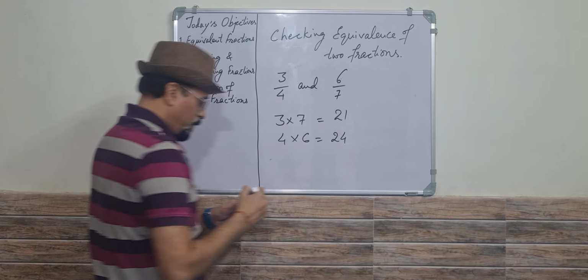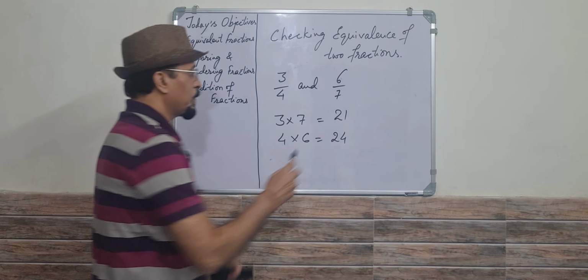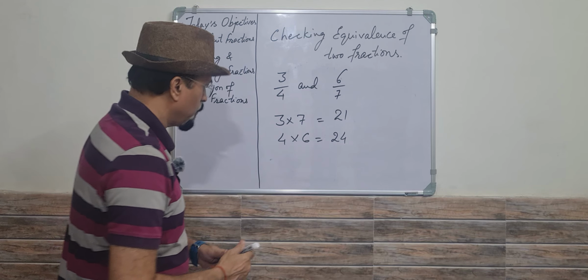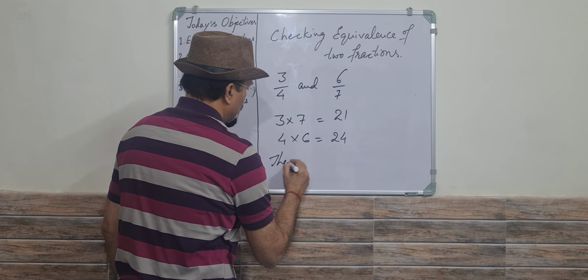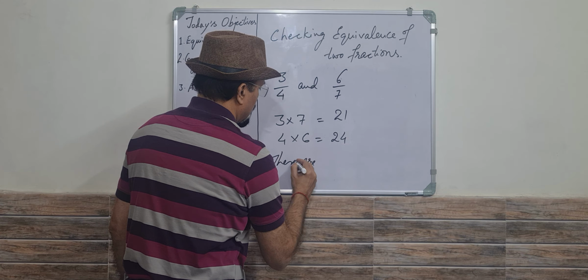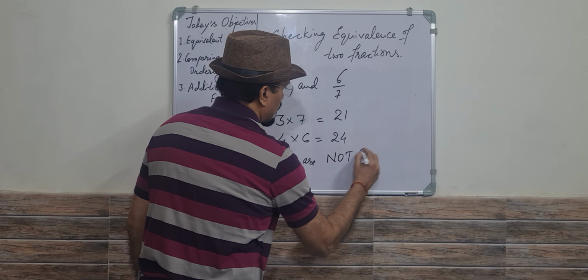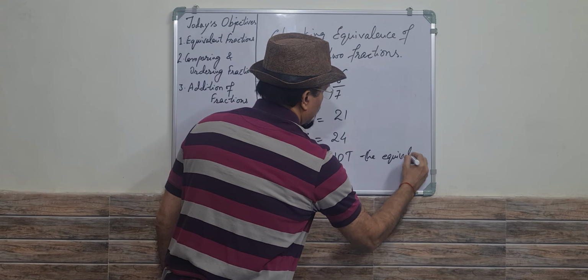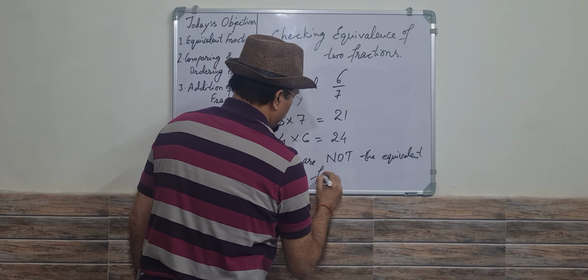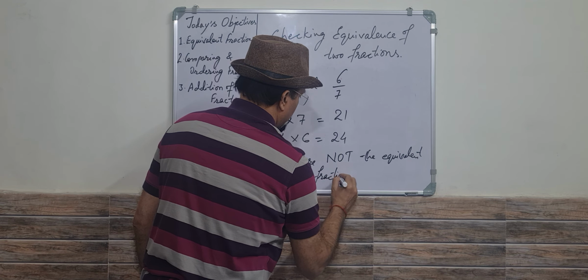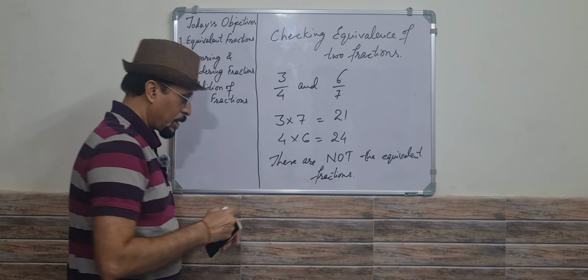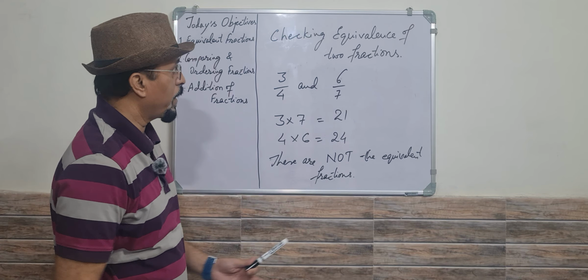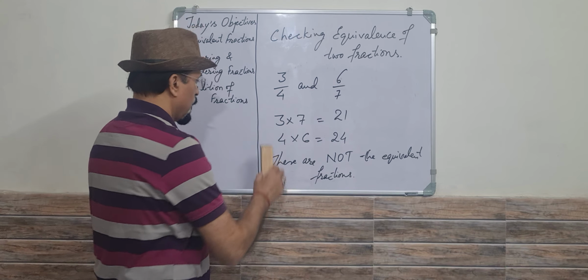So since the resultant values of cross multiplication are not same, these are not equivalent fractions, right? So this is how we find whether two fractions are equivalent or not.